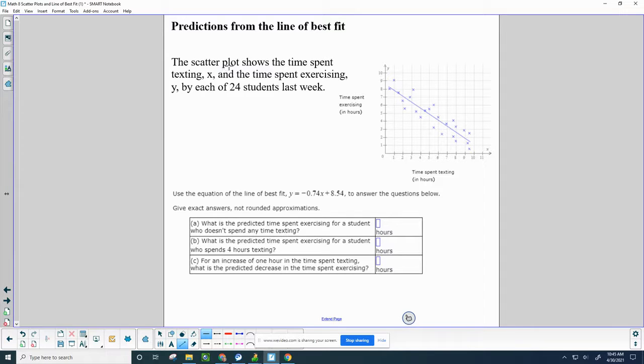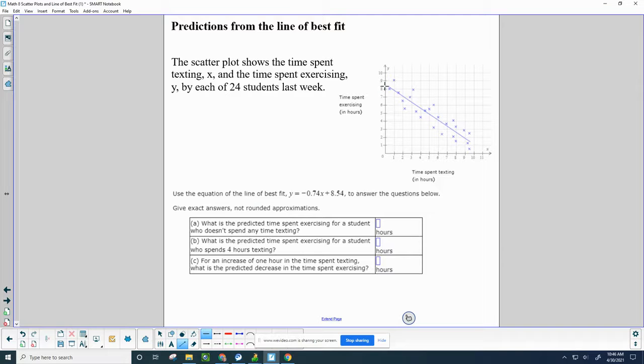Okay, so the scatter plot here shows the time spent texting, x, and the time spent exercising, y, by each of 24 students last week. On the bottom scale, we have the time spent texting, and down the side, we have the time exercising.